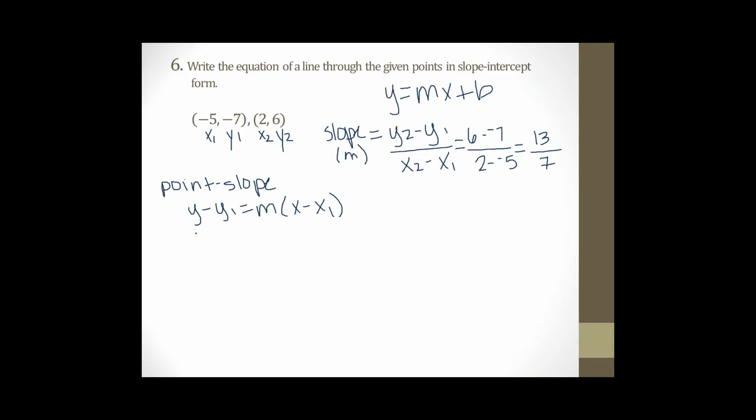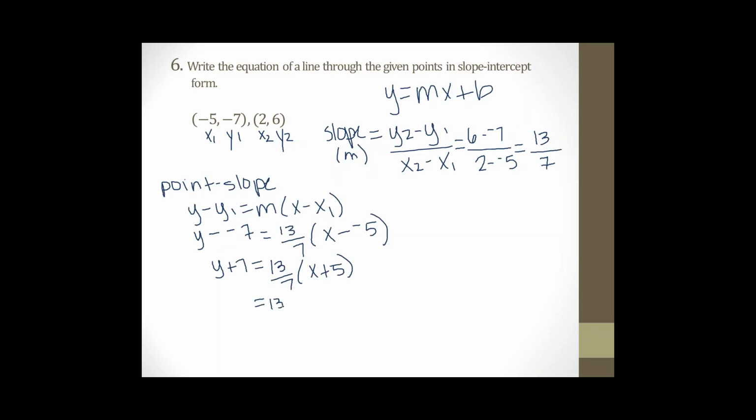So I'm going to plug in my x1, y1, and m. So y minus negative 7 equals 13 over 7 times x minus negative 5. Minus a negative becomes plus, so y plus 7 equals 13 over 7 times x plus 5. And now I need to distribute the 13 over 7.